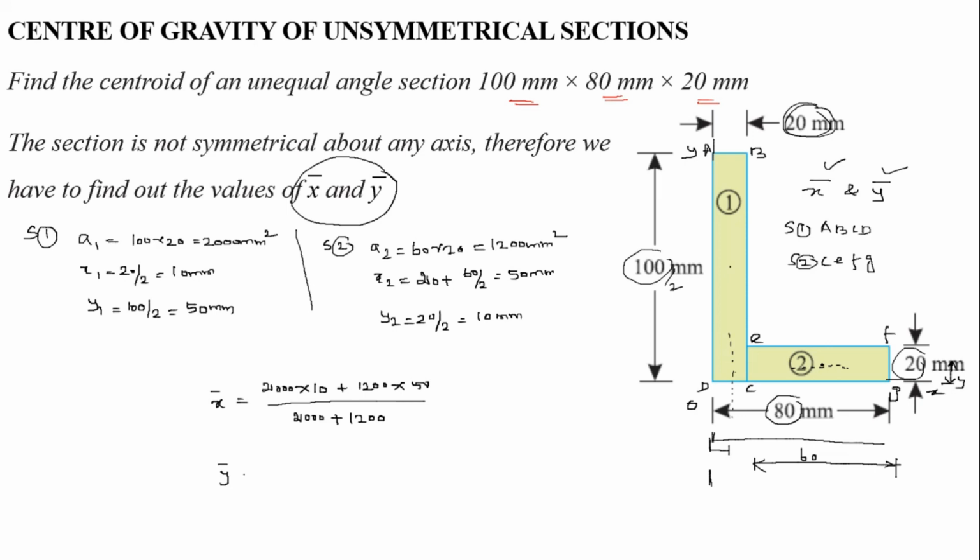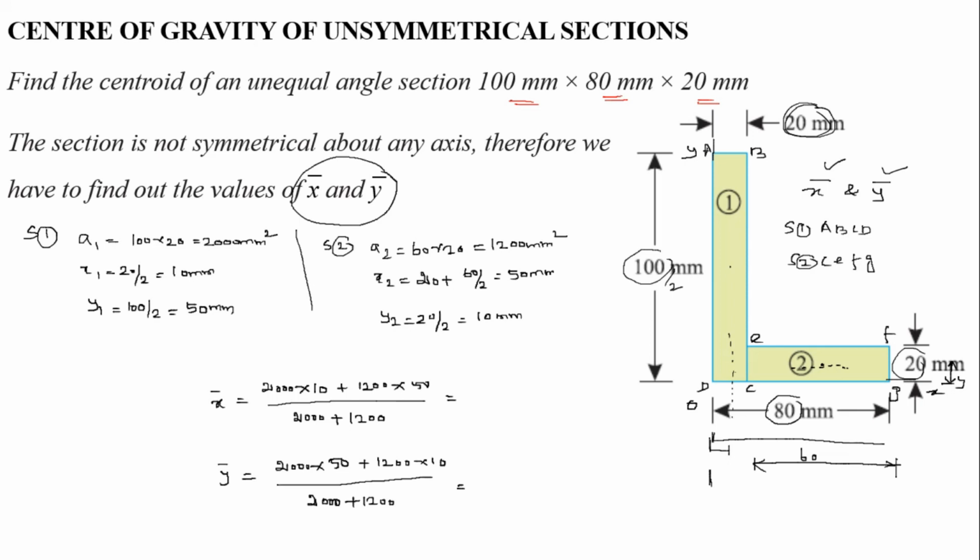Similarly, y bar is equal to A1 into y1 plus A2 into y2, divided by the sum of areas A1 plus A2, right? So we have to find x bar and y bar. For x bar, first we have to calculate the numerator.